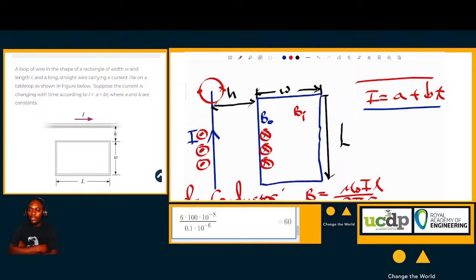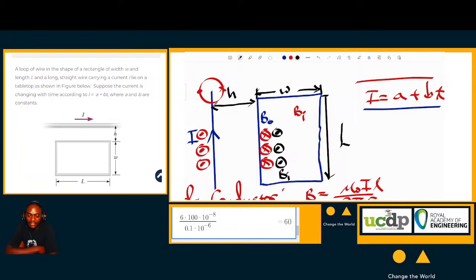I'm asking what would be the direction of the induced? It will be out of the page. Thank you. So BI will be out of the page. That's your BI.